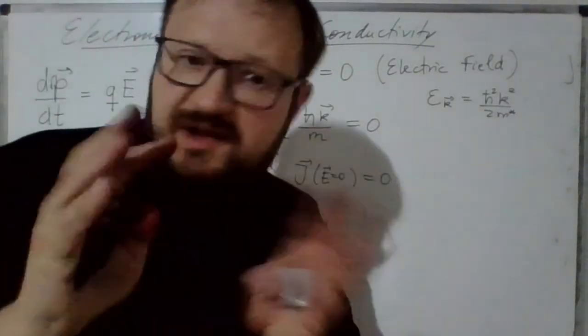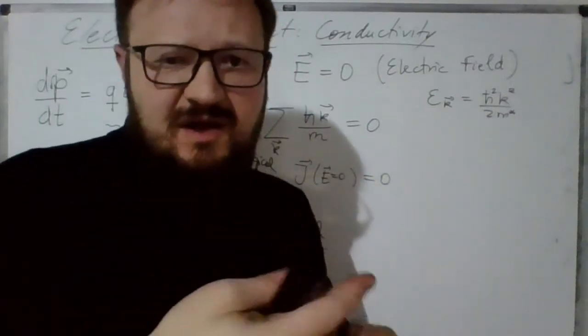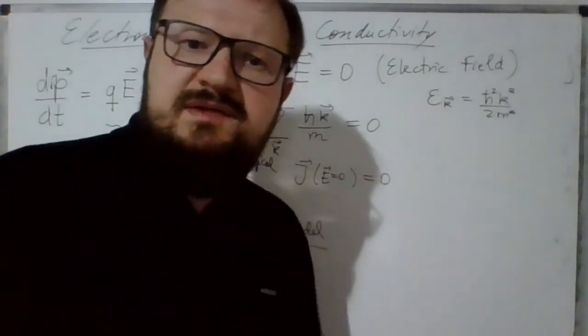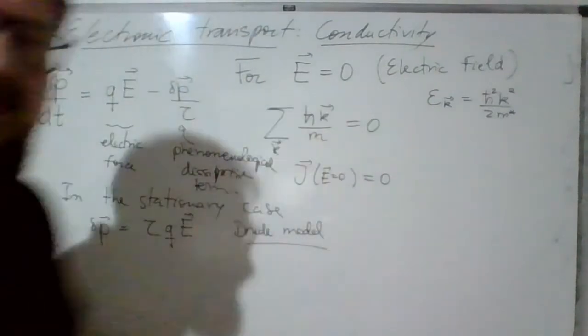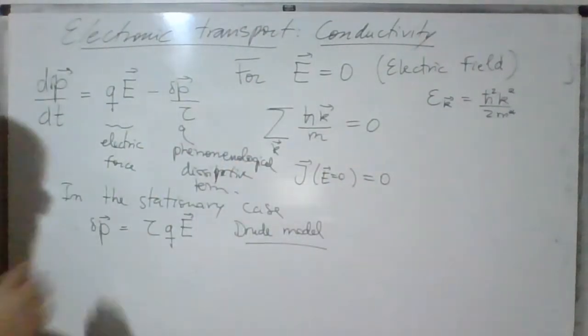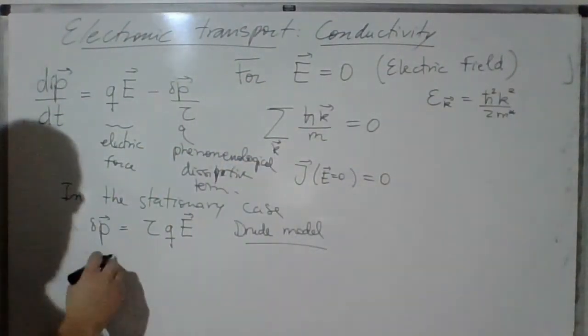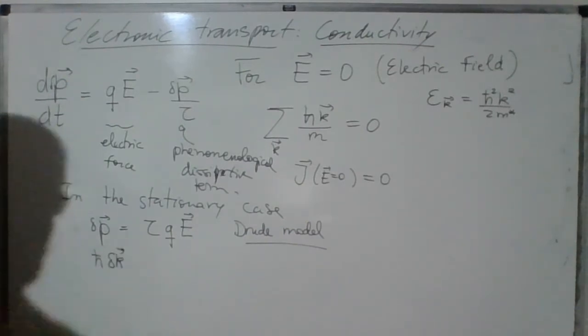Here we are just mixing some aspects of quantum mechanics and some aspects of a classical model, but the delta of momentum corresponds to h bar delta k.